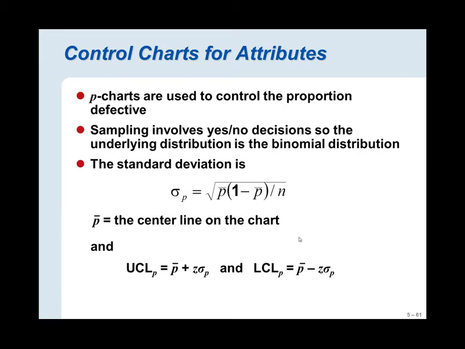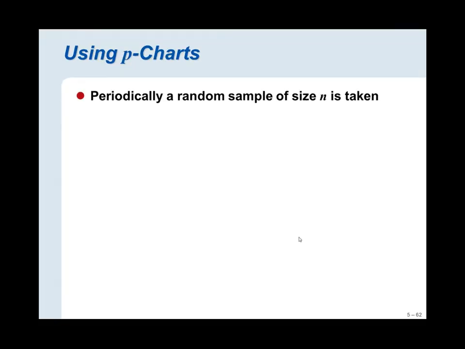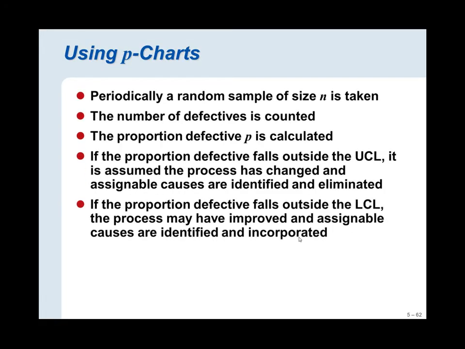So the upper control limit for P is P bar plus z sigma P. The lower control limit is P bar minus z sigma P. The P stands for proportion defective.